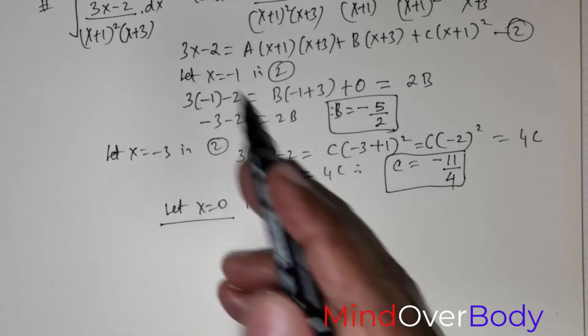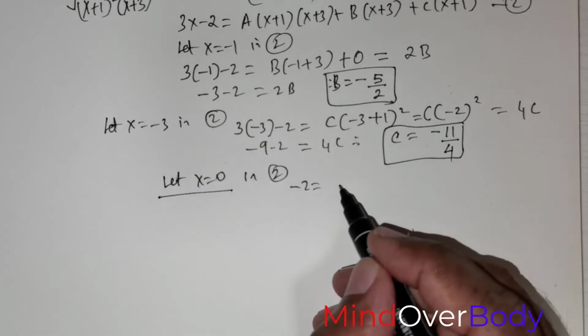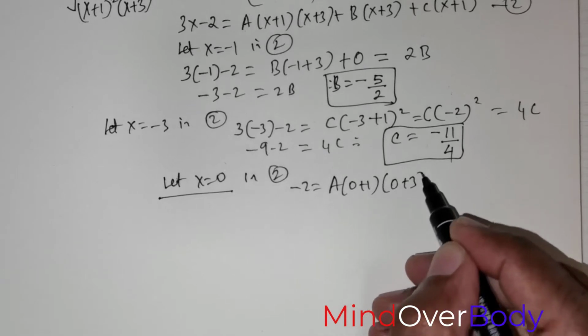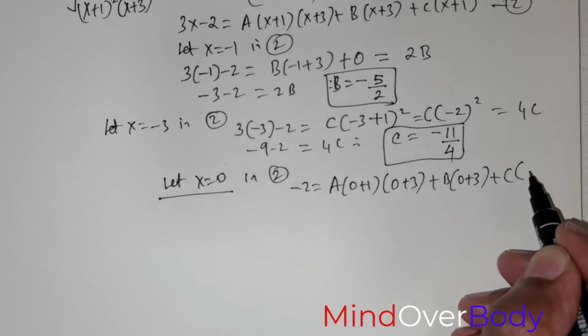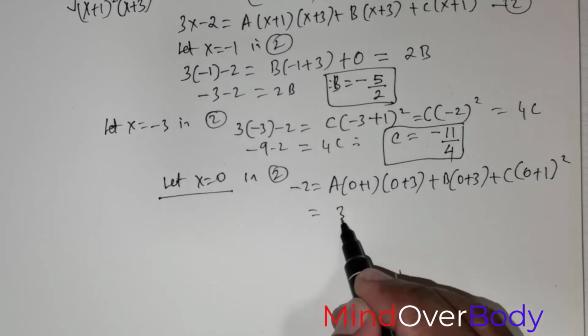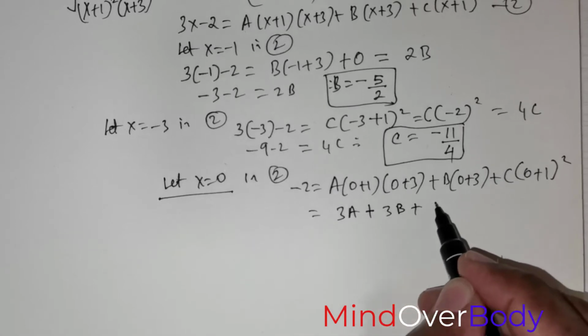That would mean I would get negative 2 on the left hand side, and on the right hand side this is going to be a of 0 plus 1 times 0 plus 3, plus b of 0 plus 3, plus c of 0 plus 1 raised to the power of 2. This is going to give me 3 times a, plus 3 times b, plus c.